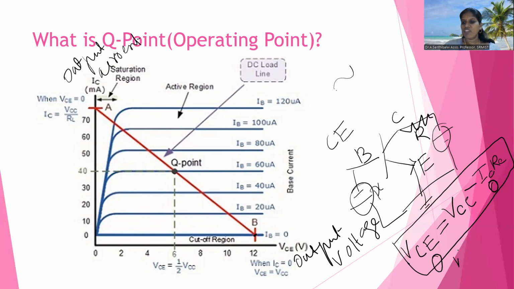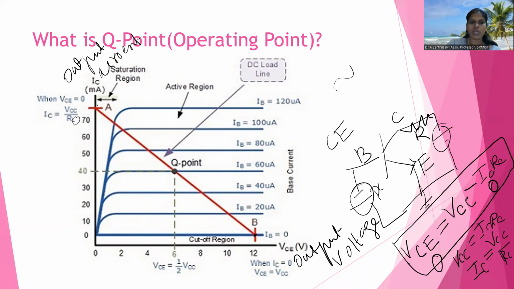What we will get? VCC equal to ICRC. So IC equal to VCC divided by RC. Here RL means load resistance, but it is connected with the collector, so that is called RC, collector resistance. After marking these points, we draw the line, that is called DC load line.